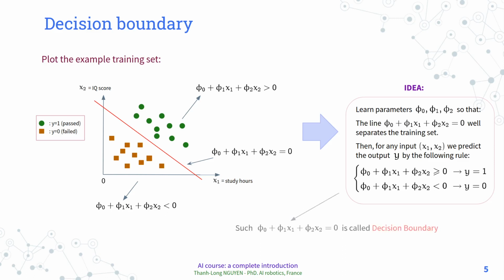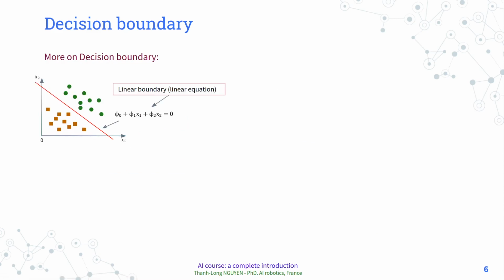And the straight line constructed from such phi0, phi1, and phi2 is called the decision boundary of this binary classification problem. And this is the idea of decision boundary. As you have seen, the decision boundary in the current example is simply a straight line represented by a linear equation.